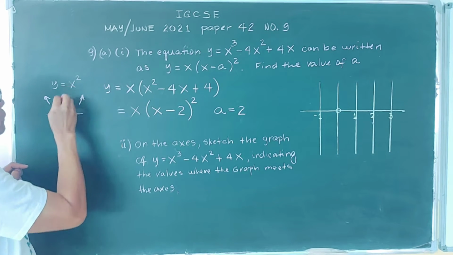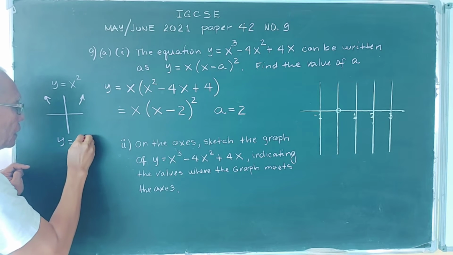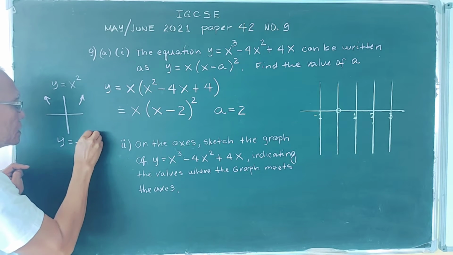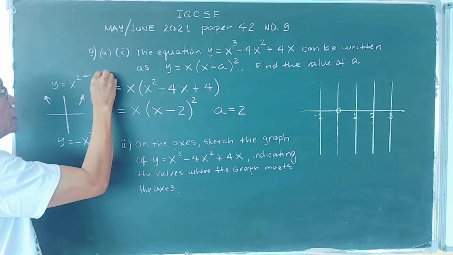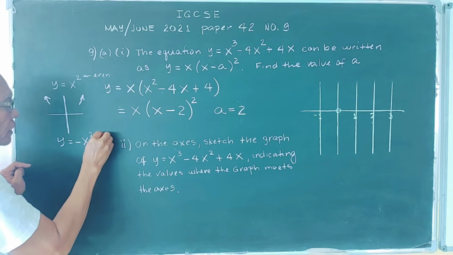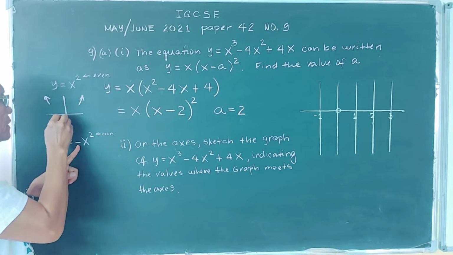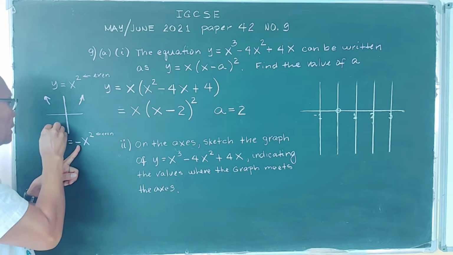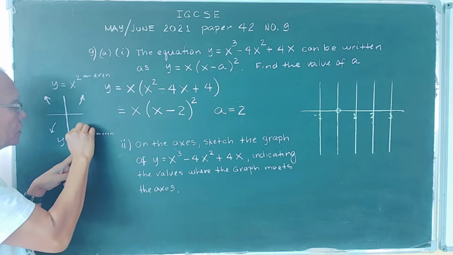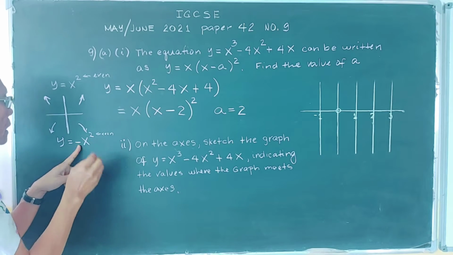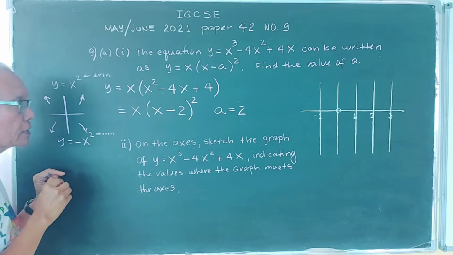What about if we have negative? If we have negative x squared, an even exponent, when it is negative, it will be on the other side. So it will be going down here, and on the other side, it is going down. They are also symmetrical to the y-axis.